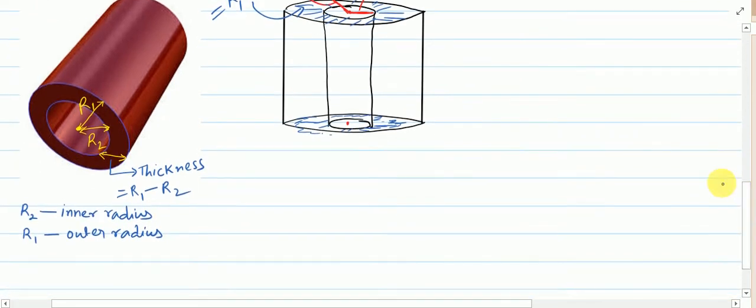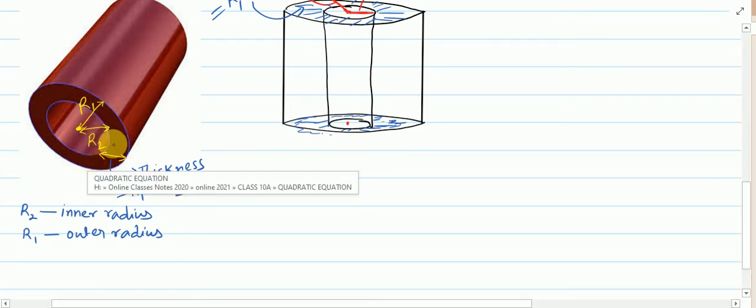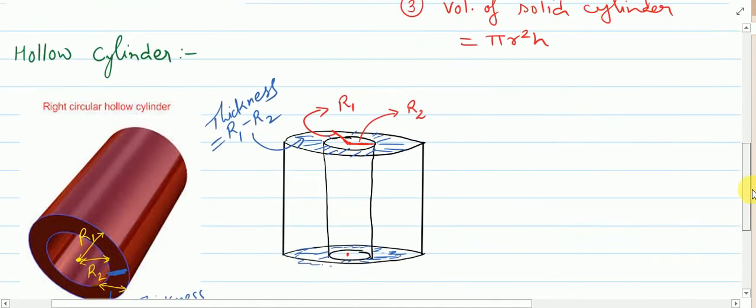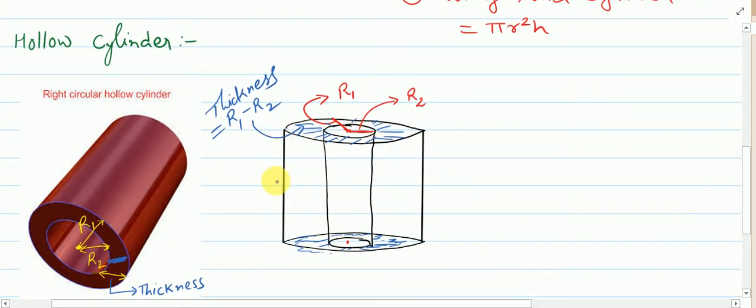Here you can see the inner is R2, the outer is R1. This much is the thickness, this part is your thickness. So for the hollow cylinder you will draw this figure, no need to draw this. Now let us write down the formula for it.